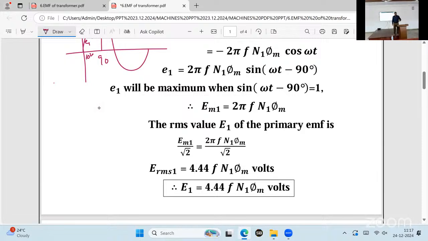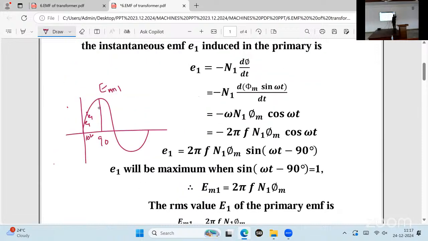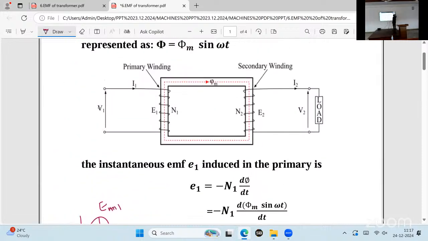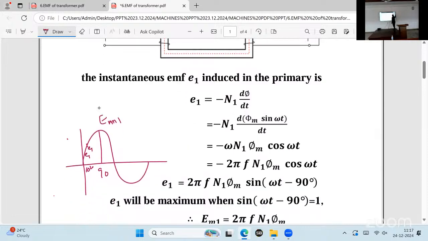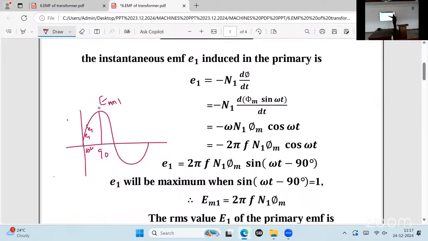Once again, I want to explain clearly from the beginning. First equation, phi is equal to phi m sin omega t. Draw the diagram, same working principle diagram. Then apply the formula, Faraday's second law.